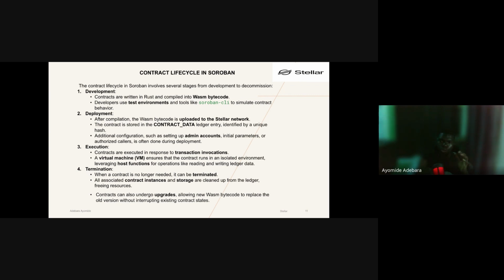That is, you probably have to use EIP 1822, the Universal Upgradeable Standard, or even EIP 2535, the Diamond Standard by Nick Mudge. But in this particular case, you do not need that.